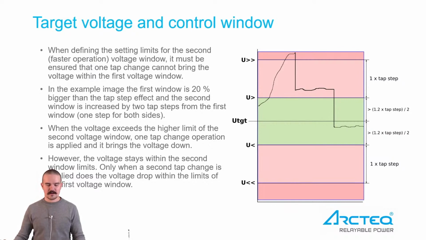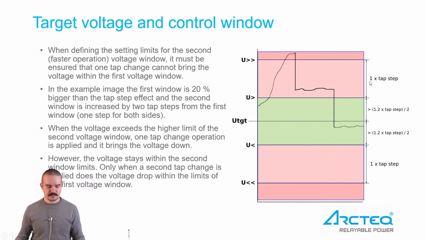So when defining the setting limits for the second faster operation voltage window, you must ensure that the one-step tap change cannot bring the voltage within this first voltage window. So in this example, we have set up the first voltage window to 1.2 times tap step effect, and then we have added 2 steps, so 1 step to both sides.